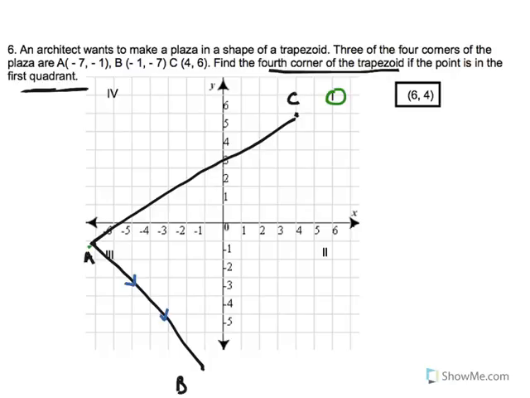We go down 1, 2, 3, 4, 5, 6, 7. So we go down 7, and then we go over 1, 2, 3, 4, 5, 6. We go over 6 units. Oh wait, no, I added an extra unit here.